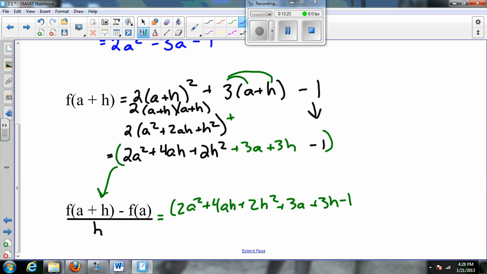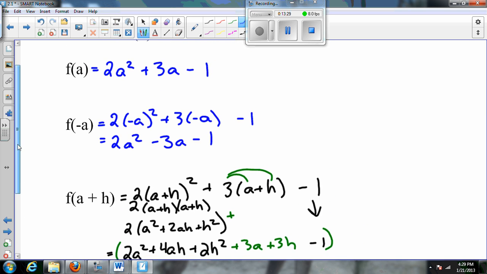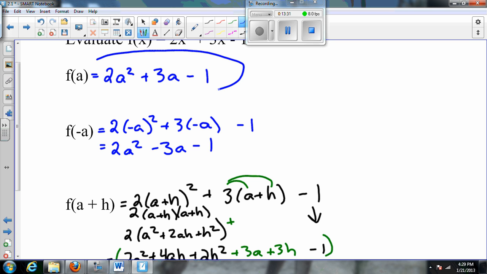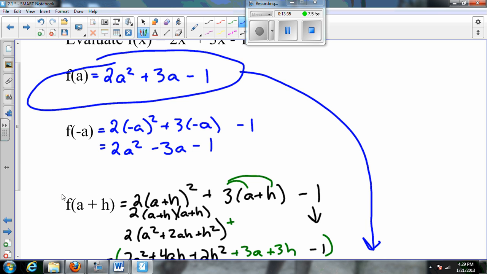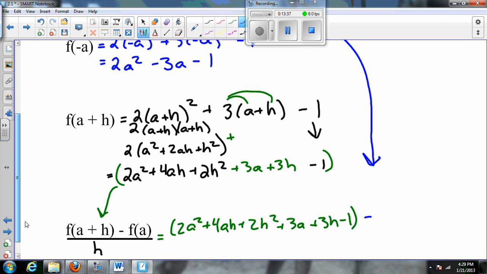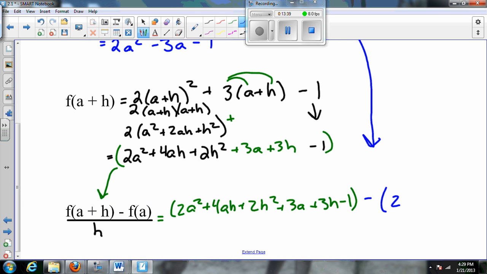Now we're going to subtract f of a, and we have f of a from up here: 2a squared plus 3a minus 1. And this is all over h.